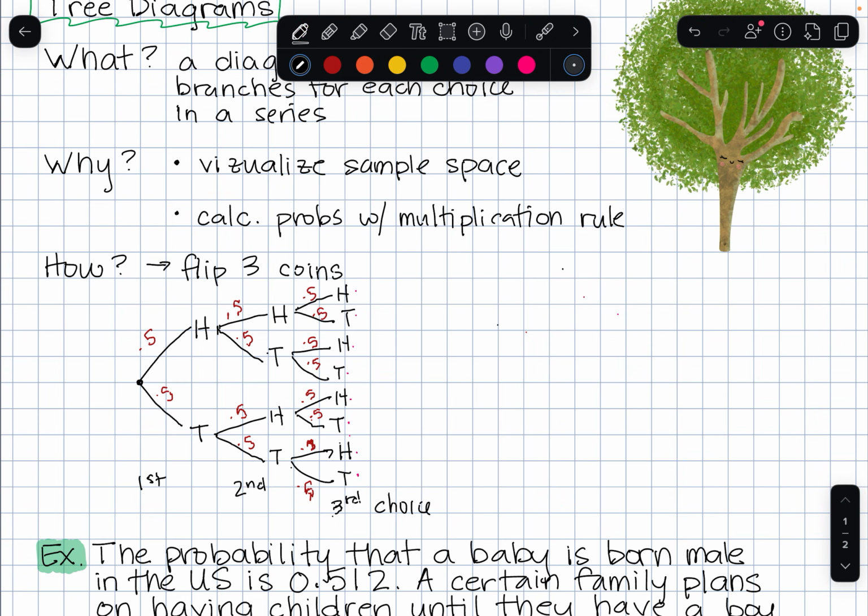So I'm going to read each branch and write out my sample space, or try to, if my pen will cooperate. So reading along this first branch, I have heads, heads, heads. And then next branch, I have heads, heads, tails.